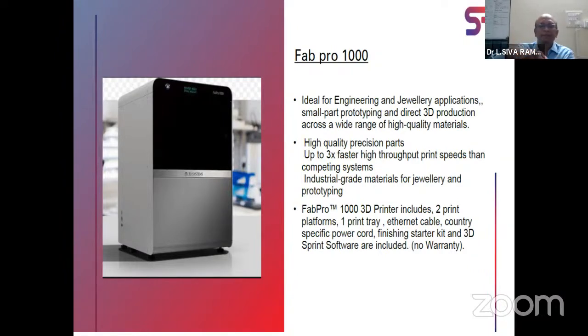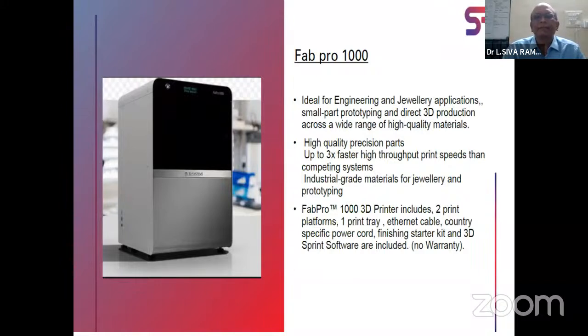Previously the part was built above the plate; now the part is built below the plate. That's the difference. Since you are not using a laser, the accuracy will not be as good as SLA, but compared with casting it has good precision.